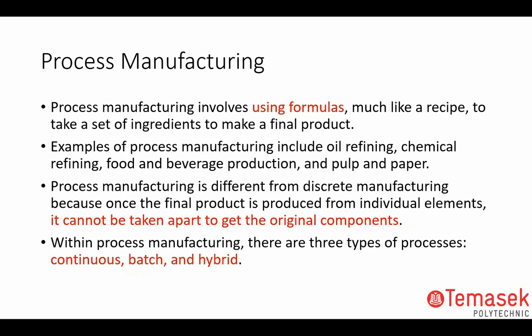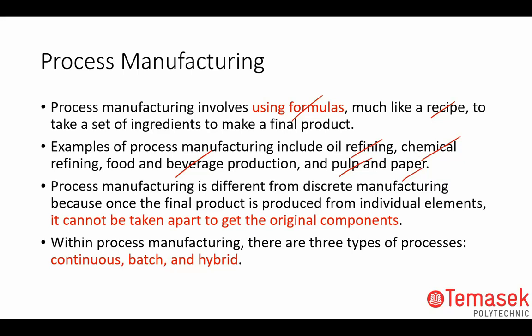Next, process manufacturing involves formulas, such as a recipe. It can include oil refinery, chemical refinery, food and beverage production, pulp and paper, because paper at the end of the day is from liquid and all this kind of stuff.